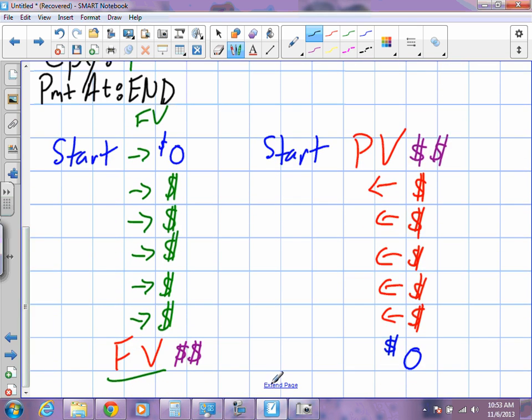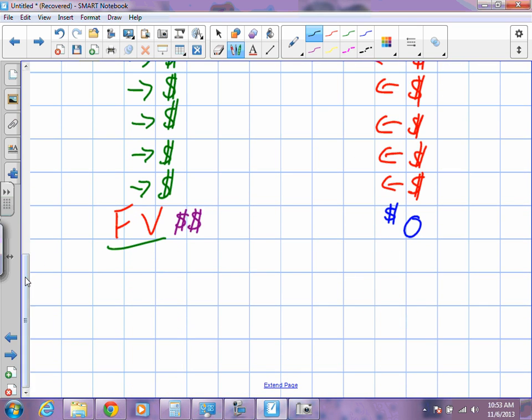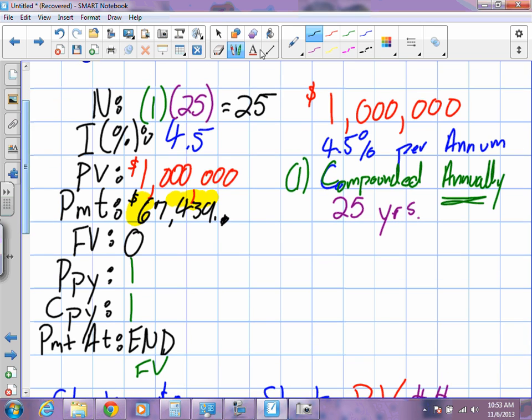So how do we figure out the interest? Well, how do we figure out how much money he actually got in the end, in total? We have to take this 25 and multiply it by his yearly payments.